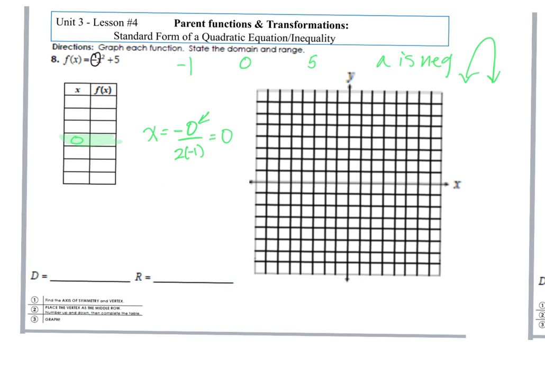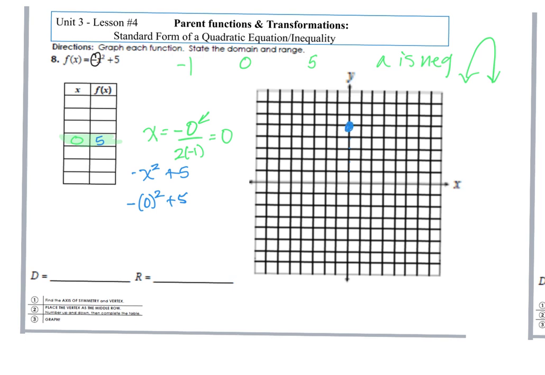Next we need to find the y value for that coordinate. We're plugging 0 in for the x's in the negative x squared plus 5 equation. So we have negative 0 squared plus 5, which is just going to equal 5. So my vertex is at 0 and then 1, 2, 3, 4, 5.